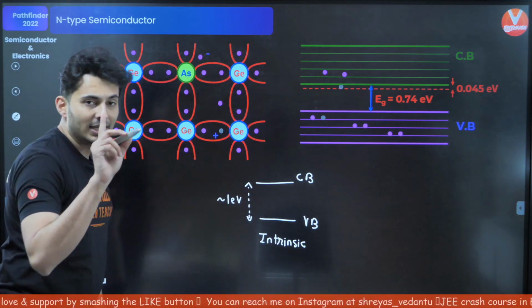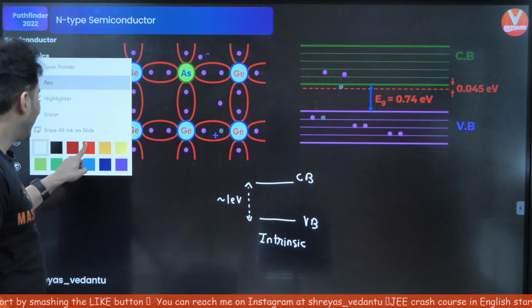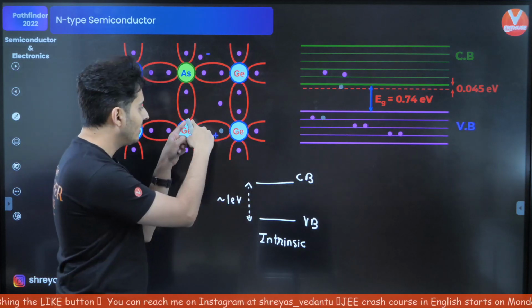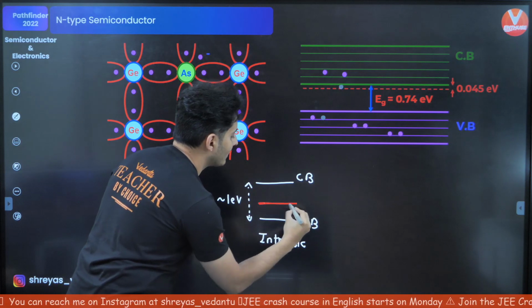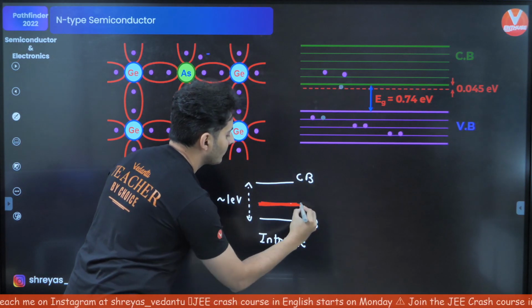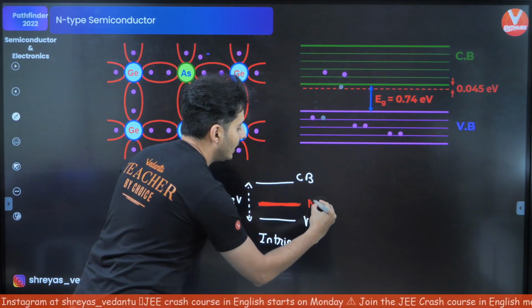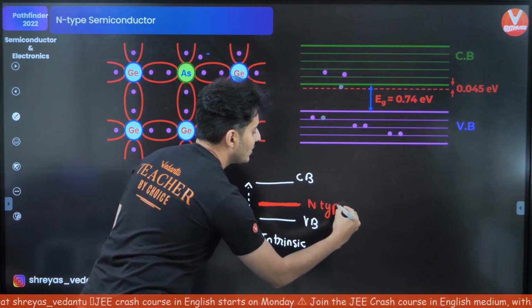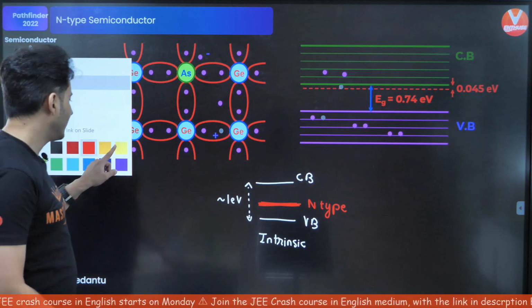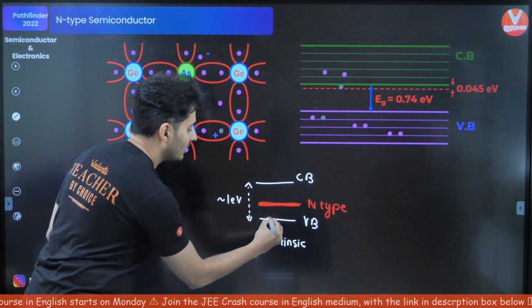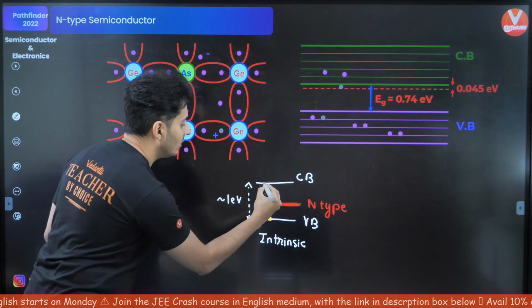Now what you are doing is that you are adding 1 electron over here, that impurity. So because of that, a new band is created right over here, a new band because of that N type of impurity. In the earlier case, the electrons had to jump from here to here.